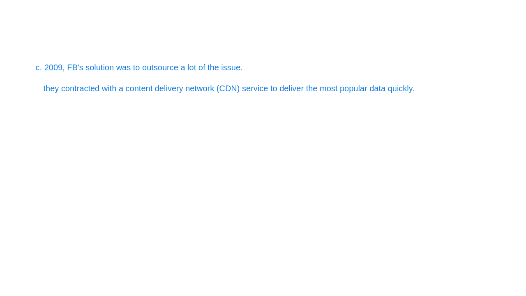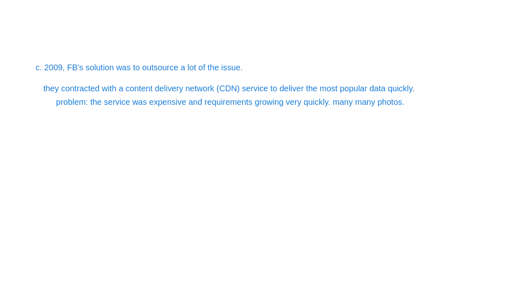But the problem is the service was expensive and requirements were growing very quickly. Okay, many photos. Okay, so basically it was unsustainable.